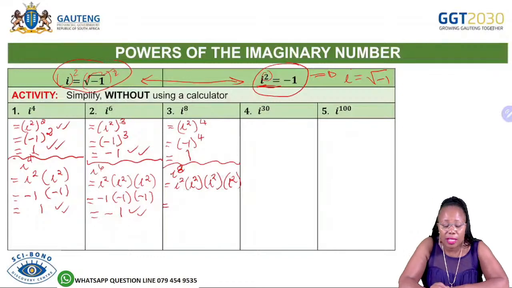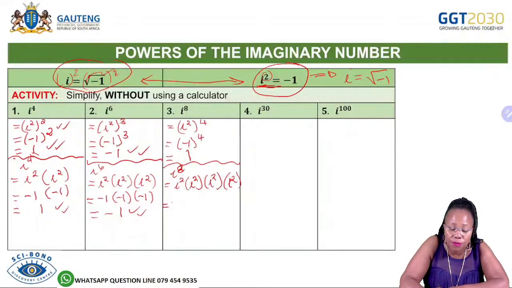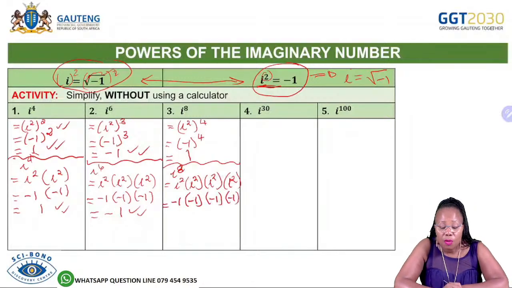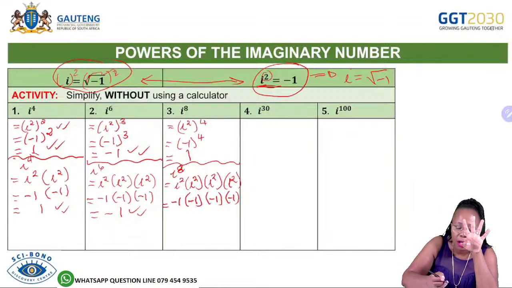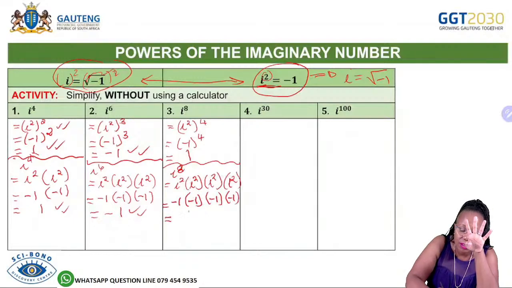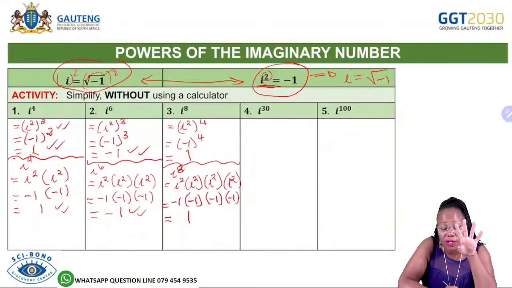So that means now we can bring in the negative 1, negative 1 for the second one, negative 1 for the third one, and negative 1 for the fourth one. How many do we have now? 4 negatives. It is even. Therefore, your answer will be positive. Can you now see the pattern, grade 12? What we want you to identify.